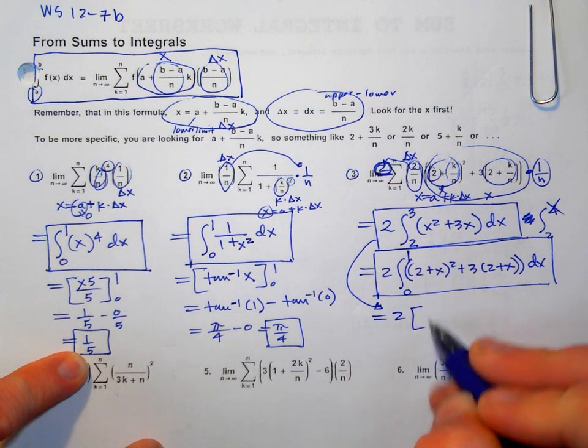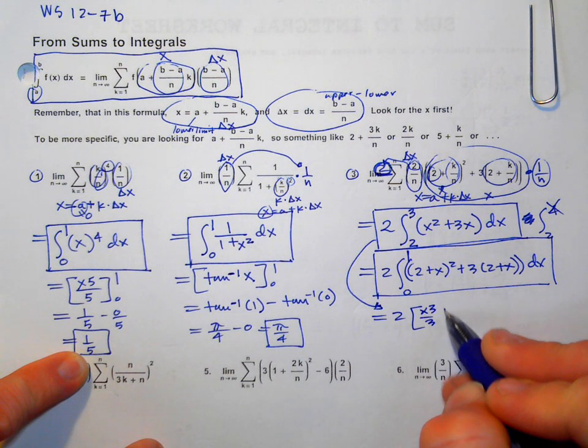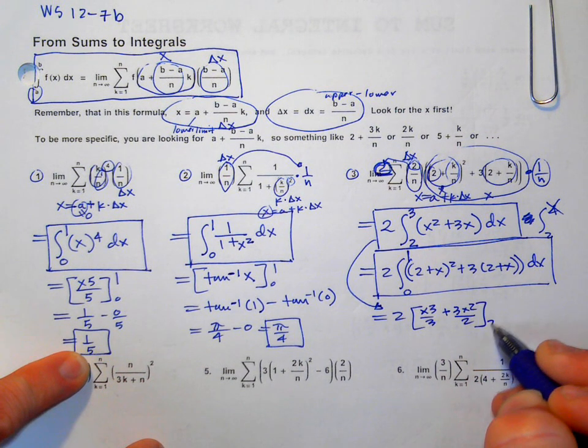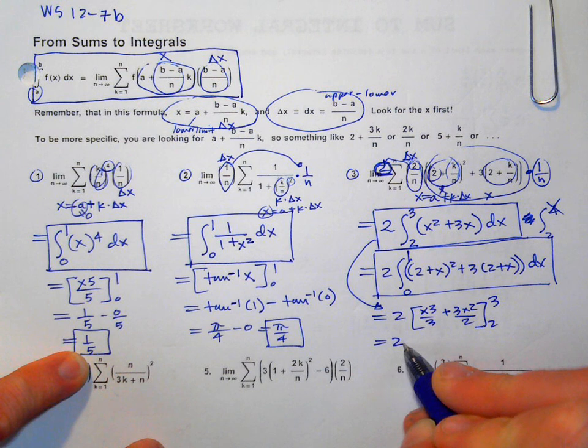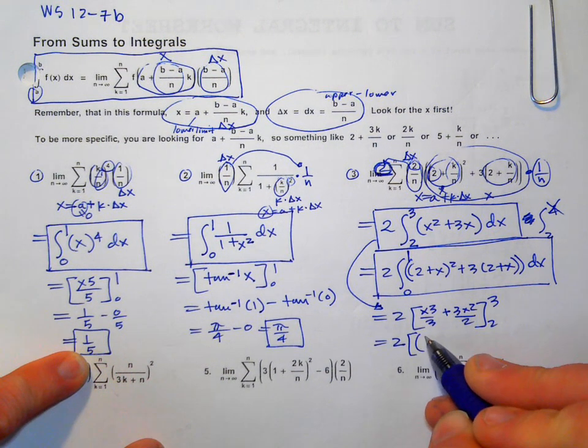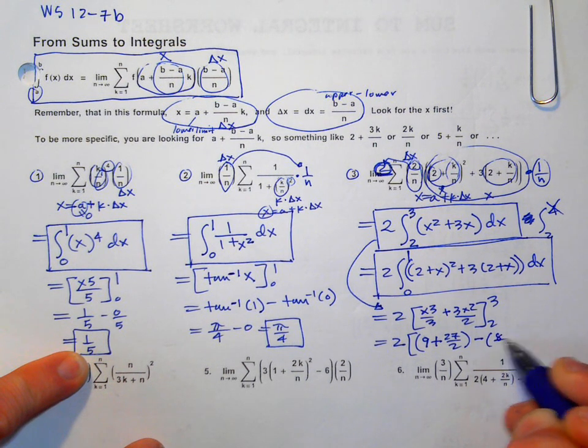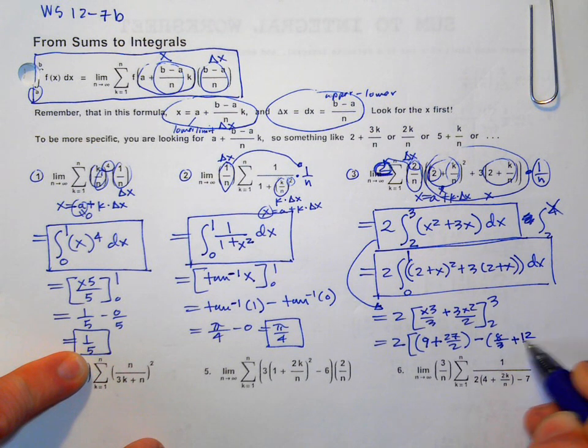And you could integrate x cubed over 3 plus 3x squared over 2, from 2 to 3. 2 times 27 over 3 is 9, plus 27 over 2, minus 8 thirds plus 12 over 2.